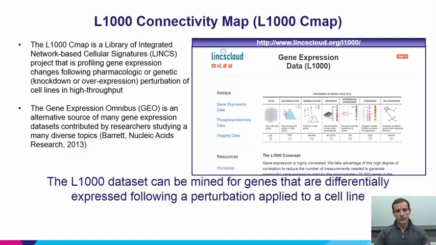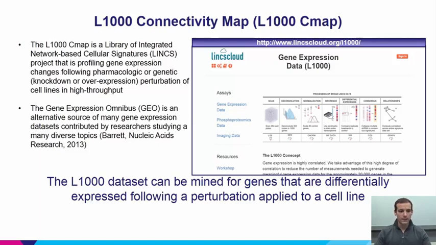Another resource where you can obtain this kind of information is the Gene Expression Omnibus. This is a bit of a different resource in that the Gene Expression Omnibus is just a repository for many, many different groups to contribute data sets that they've generated studying particular conditions, whether they've been interested in studying what happens when you knock down a particular gene, or they're looking at a particular disease state and comparing that to control.